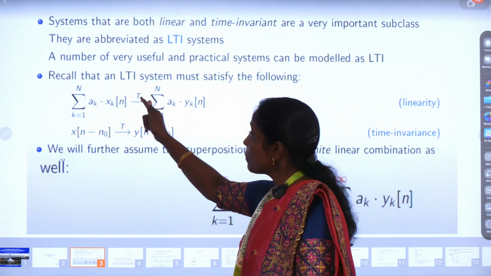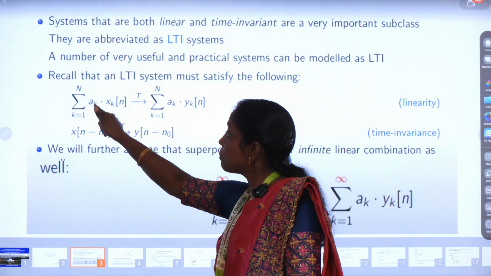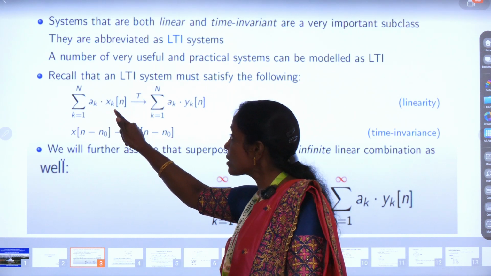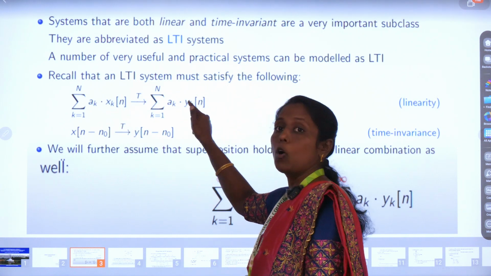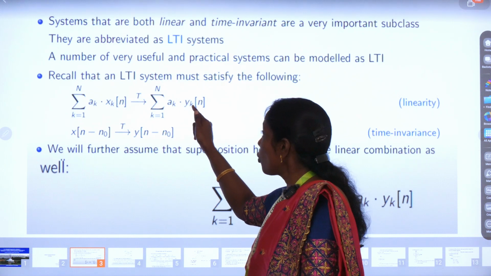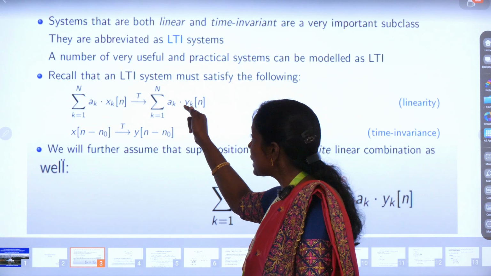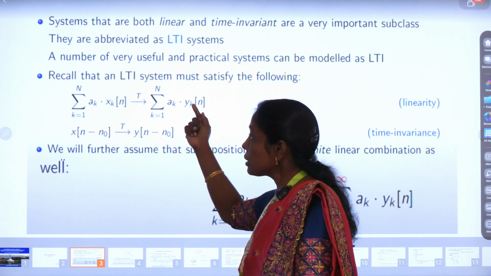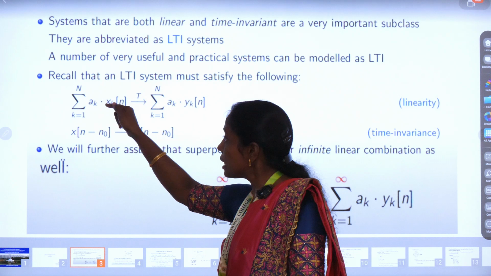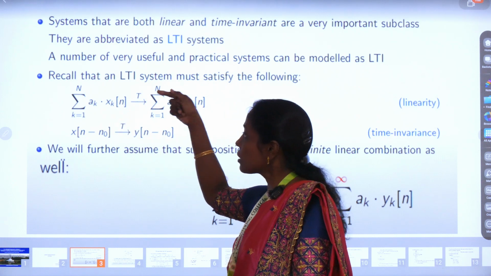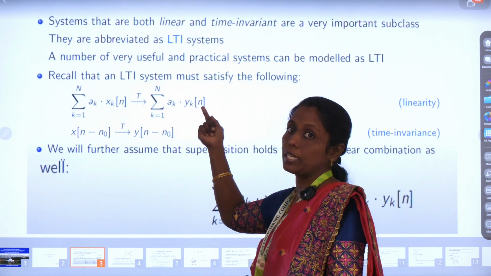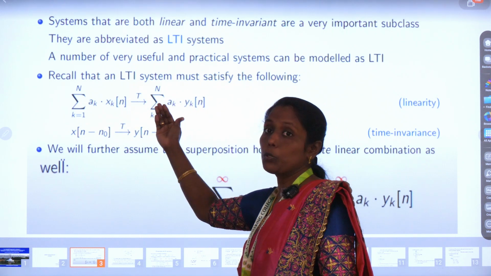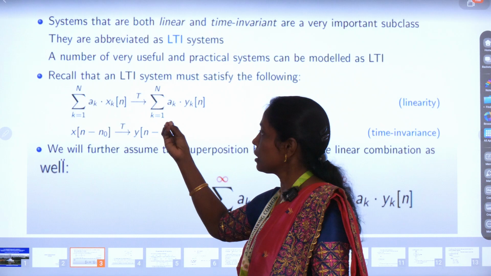If the input to the system is multiplied with a variable ak, the same change has to be reflected in the output side. That is, the output yk of n is multiplied with the corresponding variable ak. So whatever changes we have done on the input side are reflected on the output side, and we can say the input and output are linearly related with each other.